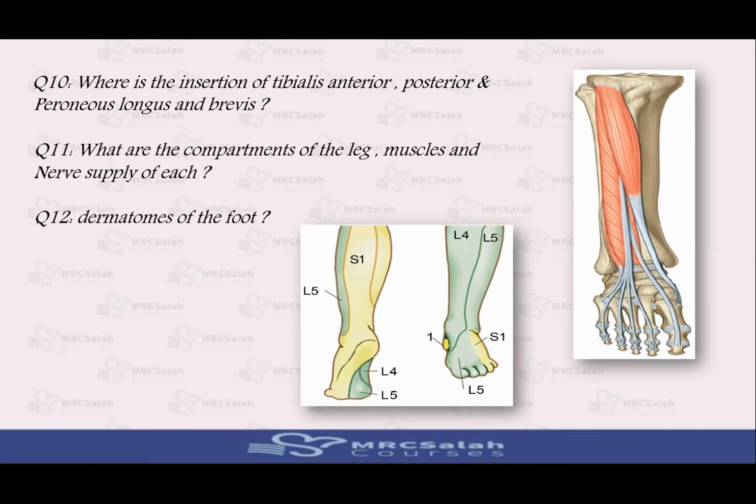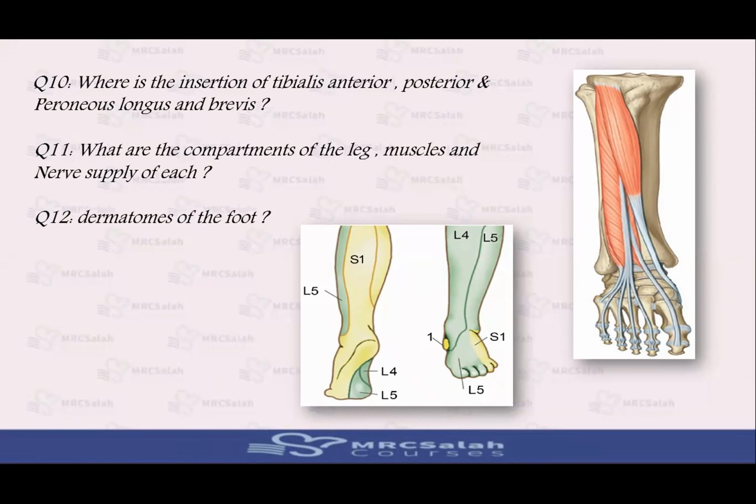Anterior inserts in the medial cuneiform and the first metatarsal. Okay. Tibialis posterior inserts in the navicular and medial cuneiform. Okay.